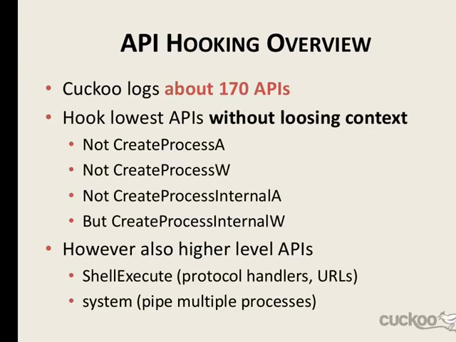You have the ASCII version, which is normal English text, and then you have the Unicode versions, which is, for example, the same function, but it allows you to send Chinese text, etc. So we hook the lowest possible, and through that, we try to intercept all the interesting API calls. We also hook some higher level functions such as shell execute and system. It's basically a wrapper around create process, and it gives you more information.